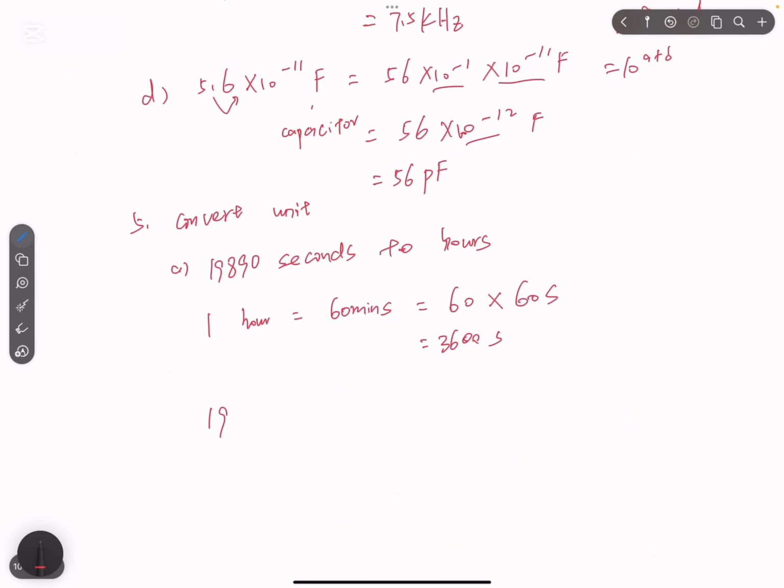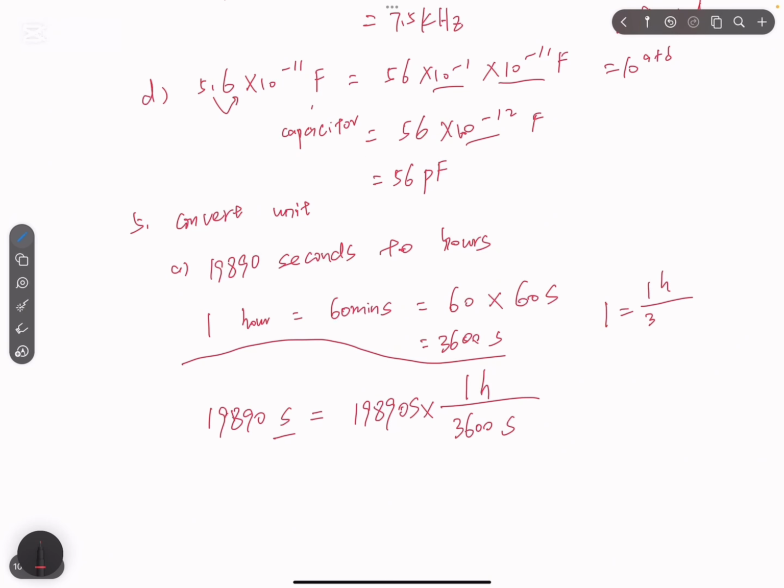In order to convert 19890 seconds, we need to convert the unit. We want to cancel all the seconds. So we put the seconds on the bottom, and we put hour on the top. So that's 1 hour. So basically from here, we can get 1 equals 1 hour divided by 3600 seconds.